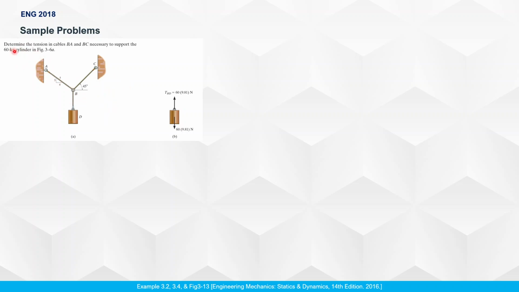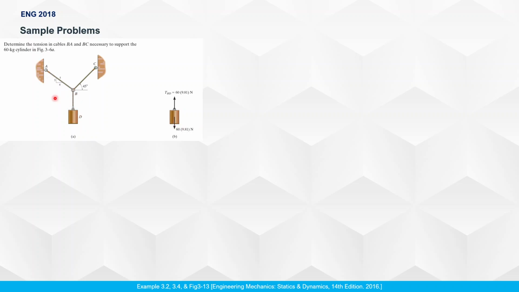Determine the tension in cables BA and BC, so that you know what is the required tension necessary to support the 60 kilogram cylinder in figure 3-6A. So ito yan. So there's a weight here, and may naka-attach na cable.